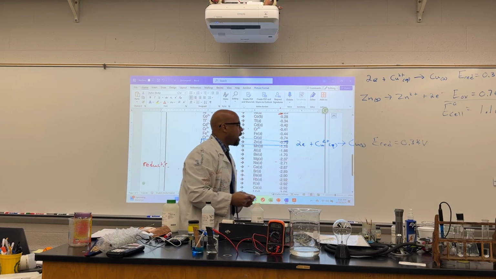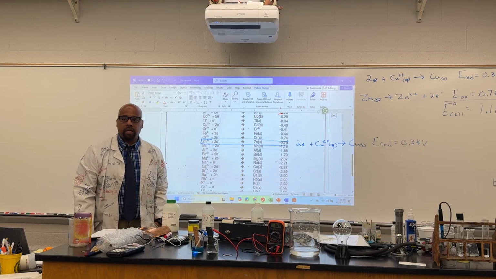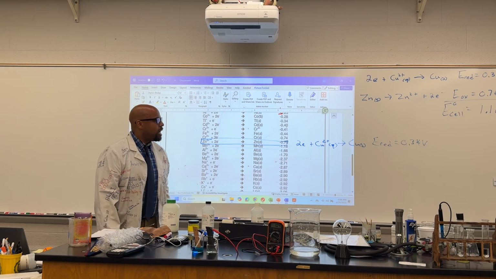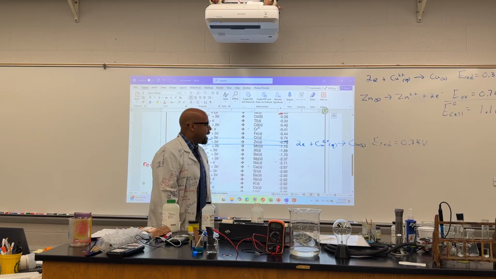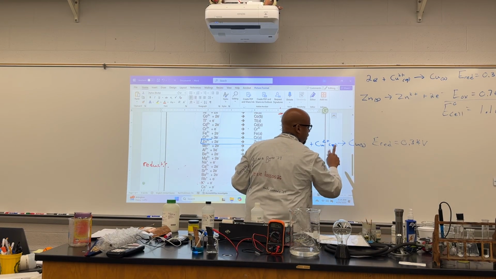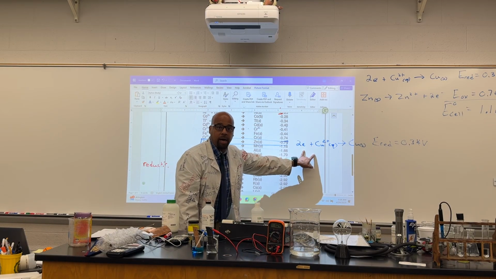And they'll say, I want a spontaneous galvanic cell. You tell me which one should be oxidized and which one should be reduced. If they say they want it to be spontaneous, then I know for a fact I can't just simply flip this one right here, because if I do flip it, I'm going to be taking something I will change to be oxidized.